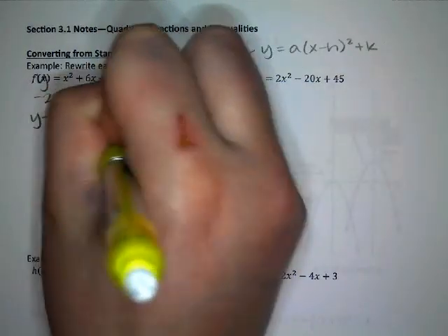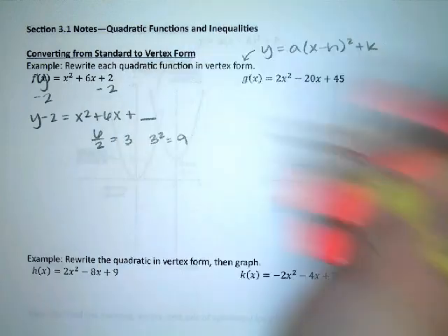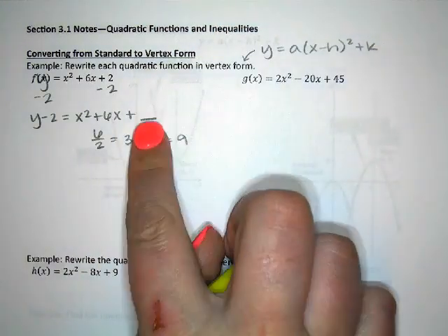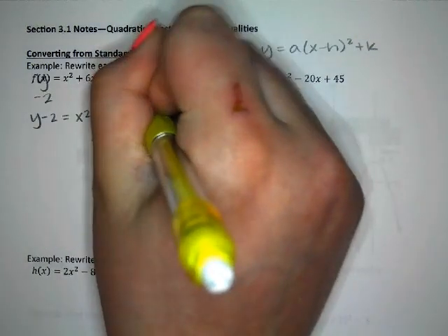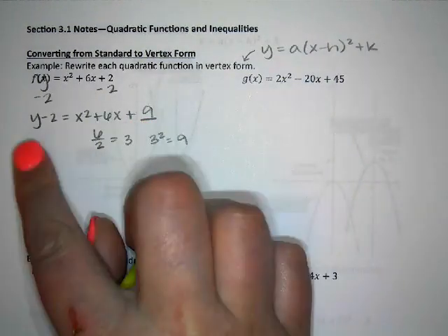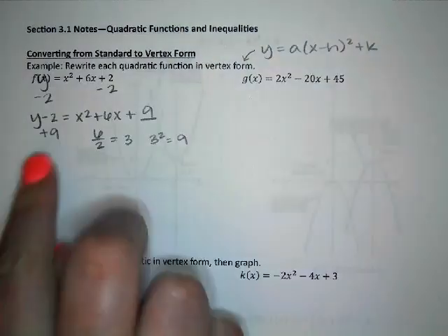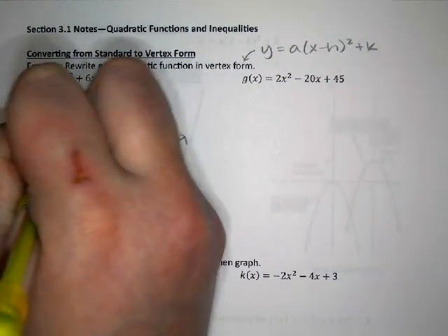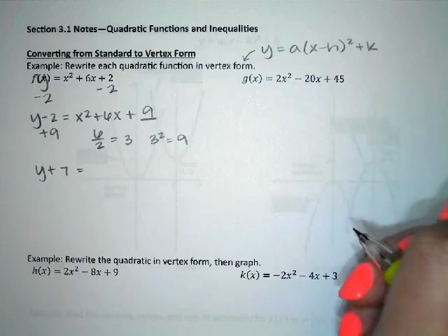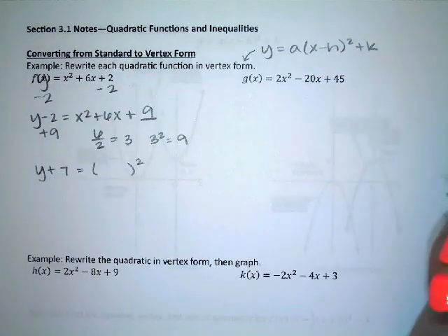So 6 divided by 2 is 3. 3 squared is 9. And so 9 is the number that completes the square. Since I added 9 to the right side of the equation, I'm going to add 9 to the left side of the equation as well. So I have y plus 7 equals, and then this is where I have my parentheses squared.